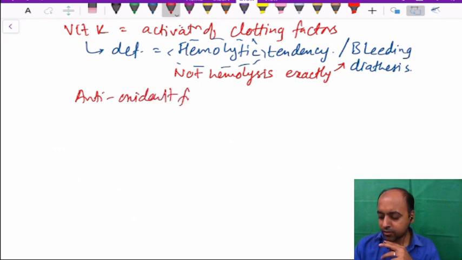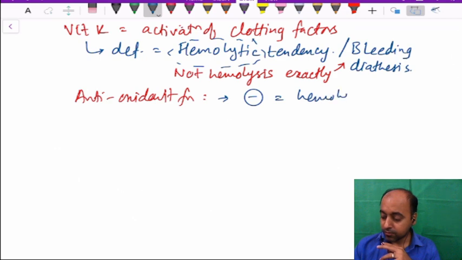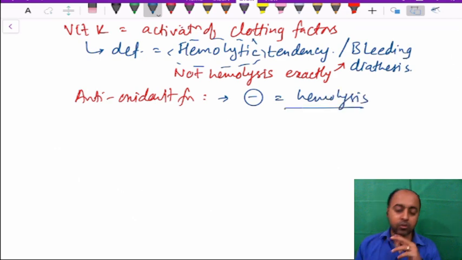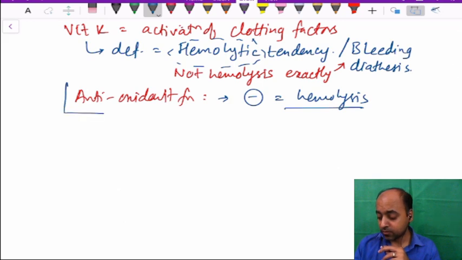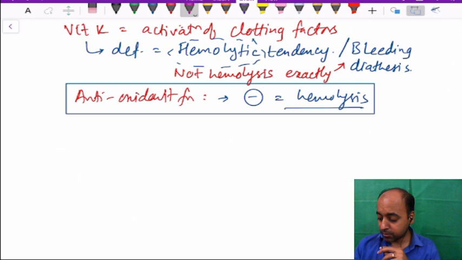The antioxidant function, because it is not there, may result in hemolysis. I'll check it and let you know. Only thing which is possible is the antioxidant function may cause the hemolysis, but I'm not sure. I'll check it out. In that case, we will be talking about vitamin E.